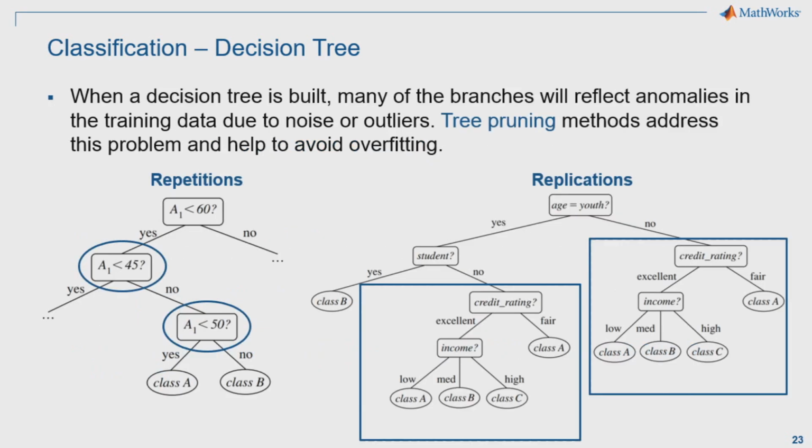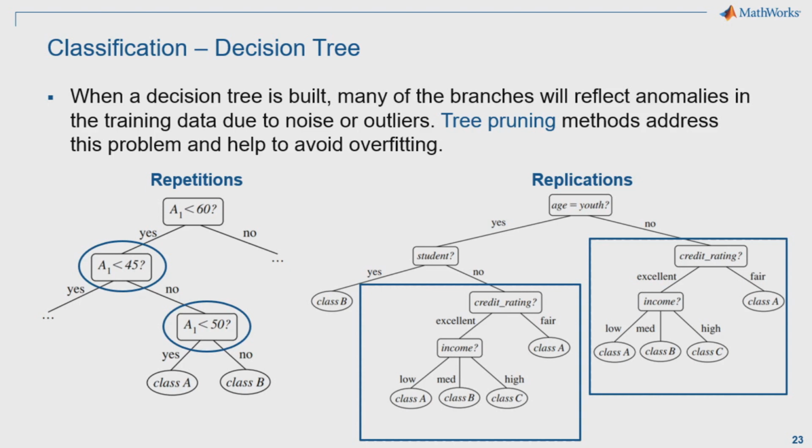Decision trees typically suffer from problems related to repetitions and replications, which means that a tree, when it's built, can have some anomalies. Sometimes you may encounter the problem that an attribute is tested twice in a similar manner, as in the example on the left, and this is a repetition.